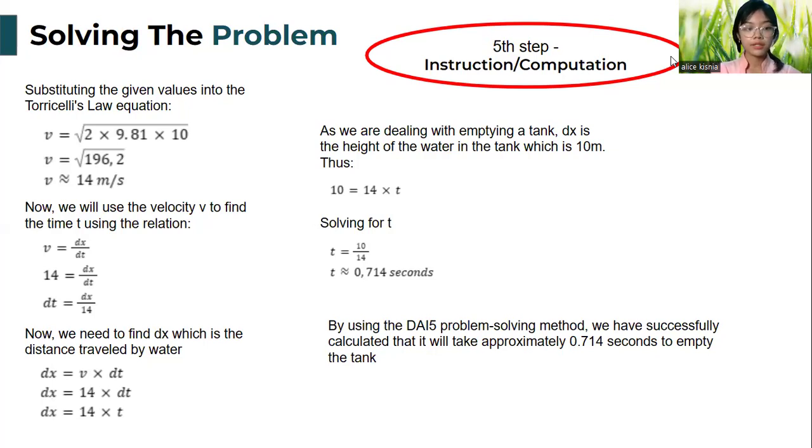So we got t. Now we need to find dx, which is the distance traveled by water. By using mathematical methods, we have dx equal to 14 times t, as we are dealing with emptying a tank. dx is the height of the water in the tank, which is 10 meters.